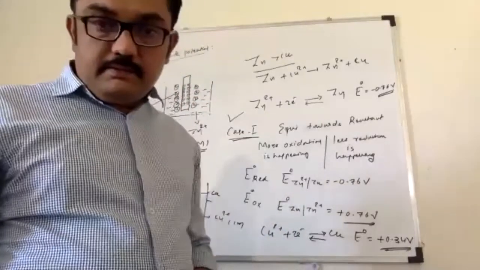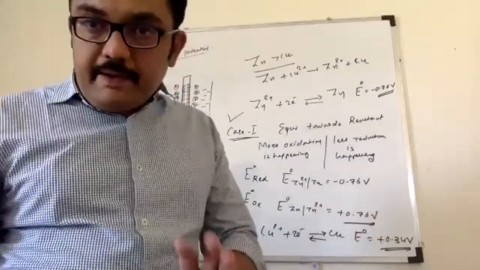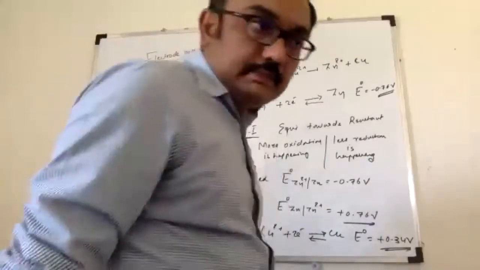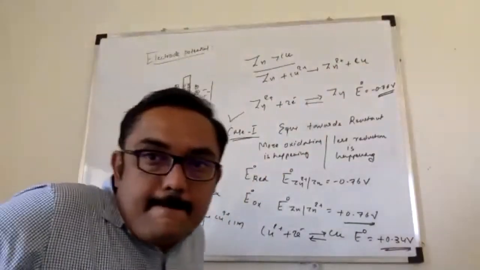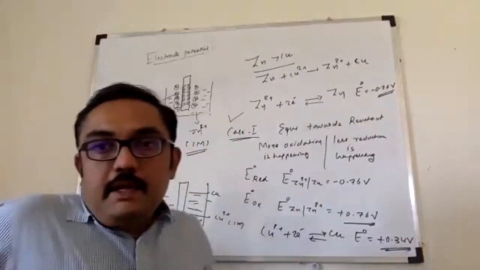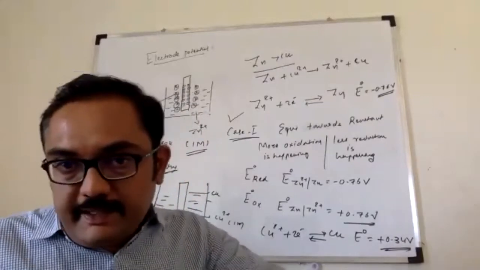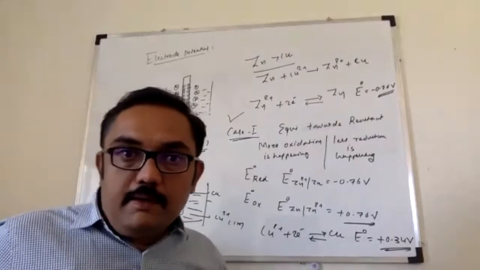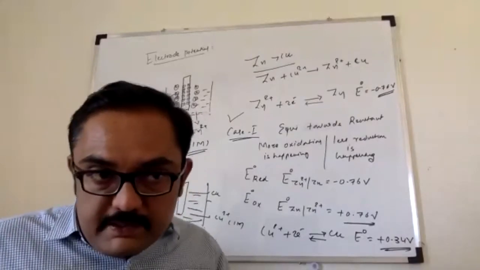Written? Yes, sir. Okay. Can anyone repeat what I said? These two things. Anyone would like to repeat what I said? This was the first, and what I said was the second. How to conclude whether it is a poor reducing agent or better reducing agent.